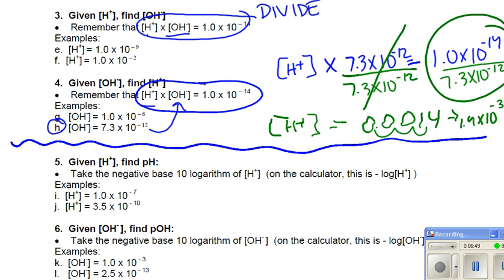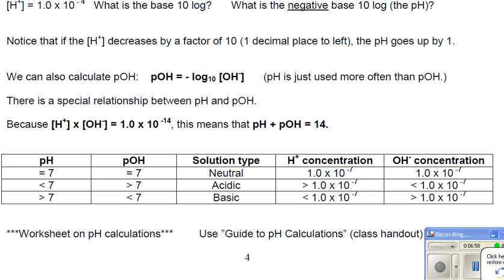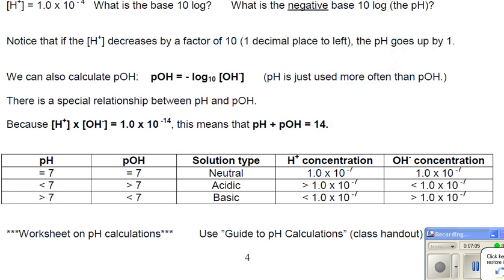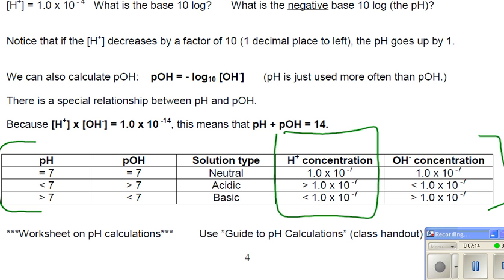The reason this information is so useful is that if you go to your notes, there is a chart in your notes that helps you to figure out if you have a hydrogen ion concentration that is greater than or less than 1.0 times 10 to the negative 7, you can figure out if it's acidic or basic.